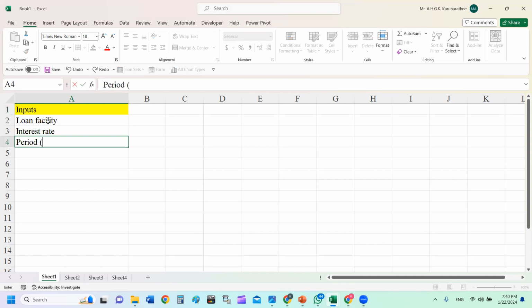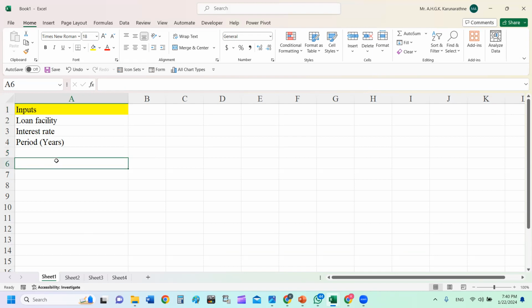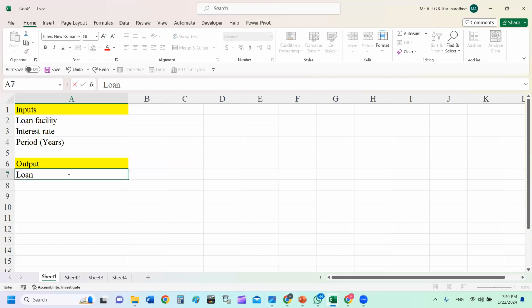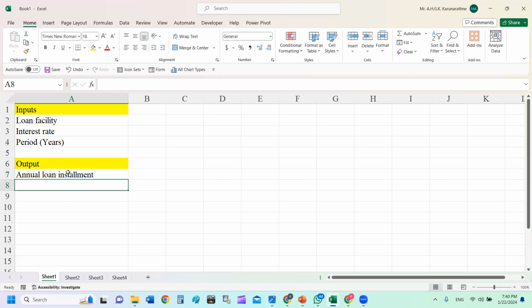Let's say we put the period in years. Basically, these are the required inputs. And we want to determine the output. Let's say we first want to determine the installment: the annual loan installment.